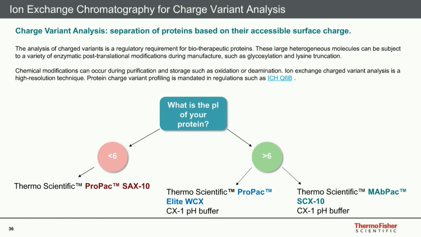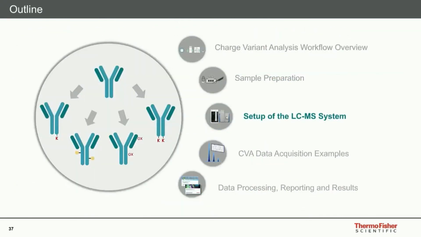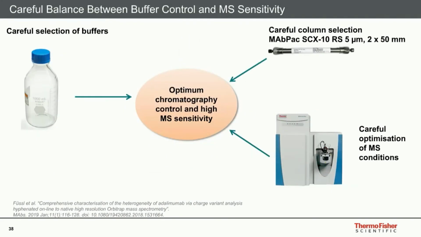Moving forward. So let's discuss the setup of the LCMS system a little bit more in detail. There are the 3 key components I already mentioned: the column, and very importantly, the buffer system, and also the MS system. All of these key components require considerations regarding all parameters.